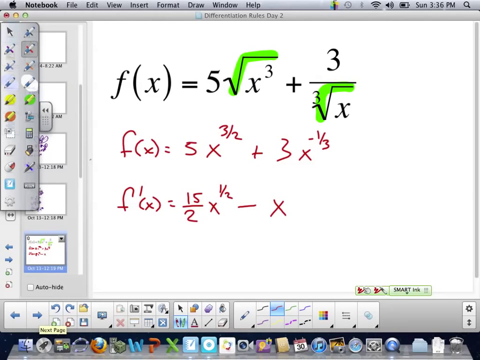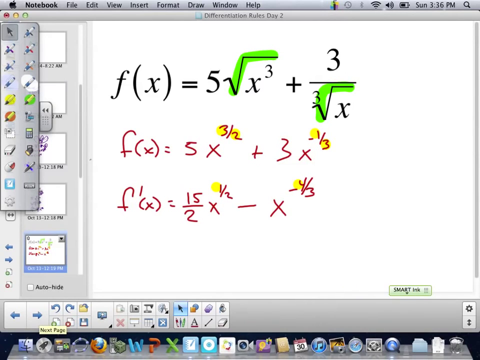And then negative 1/3, subtract 1. You're really subtracting 3/3. You get negative 4/3. Basically, you're subtracting the denominator from the numerator. In the first one, you took 3 minus 2, and got 1. Here you take negative 1 minus 3, and get negative 4.